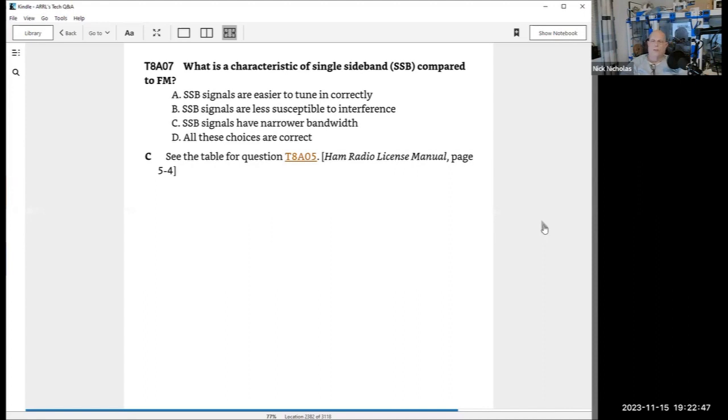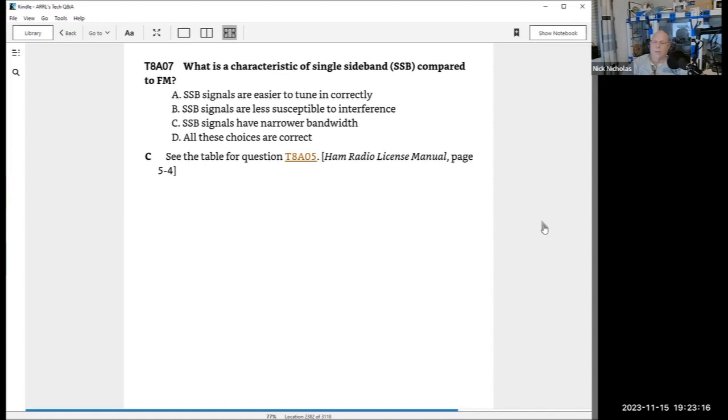What is the characteristic of single sideband compared to FM? Well, single sideband is not easier to tune. It's neither more nor less susceptible to interference. Actually, there may be a little more, but they are much narrower.